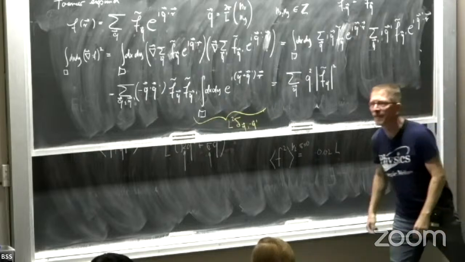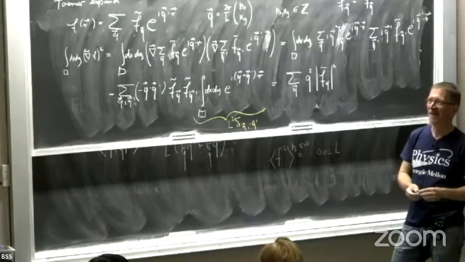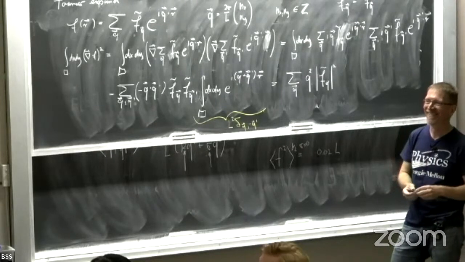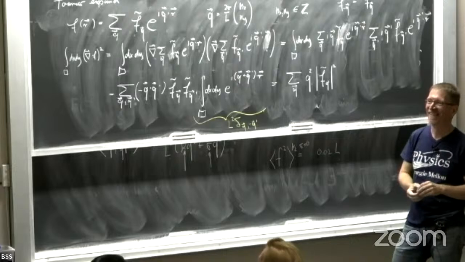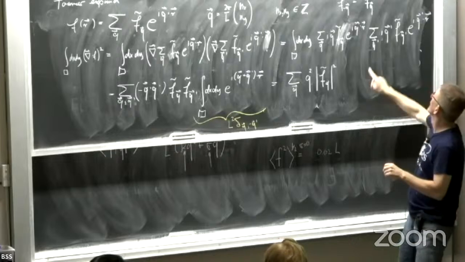Yeah, Leo. Just a comment on the slide. When you Fourier transform a real function and do the spectral decomposition, f star and f are related.